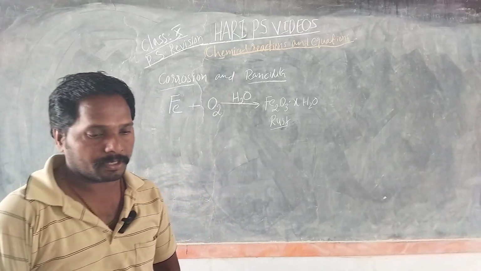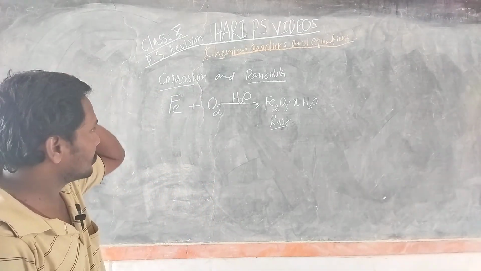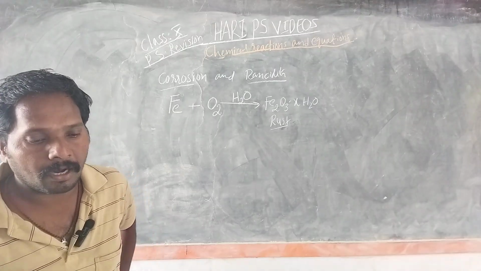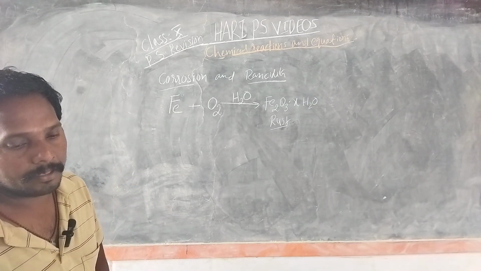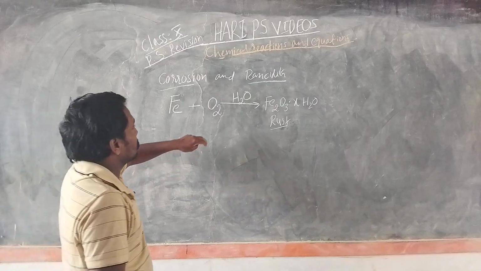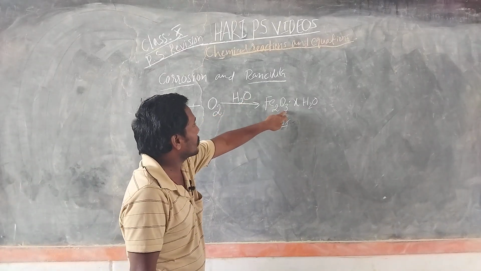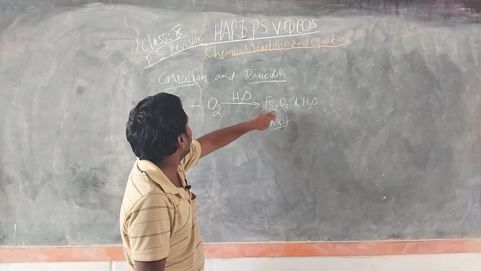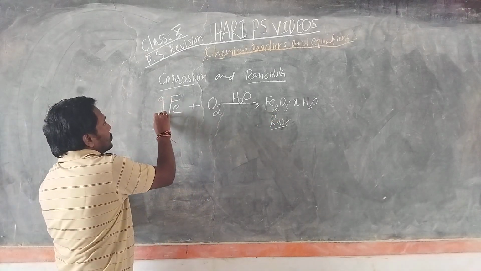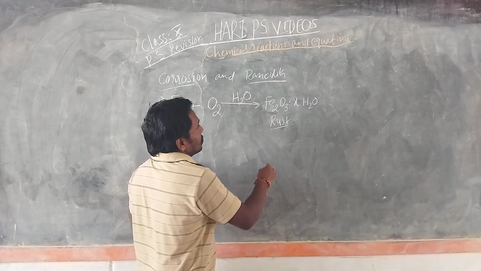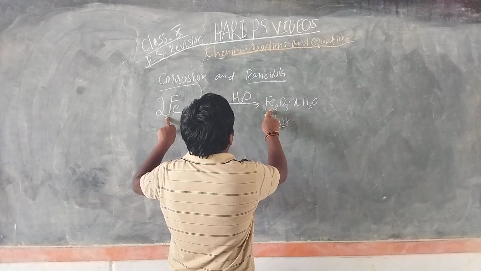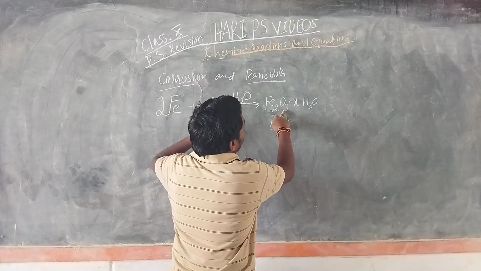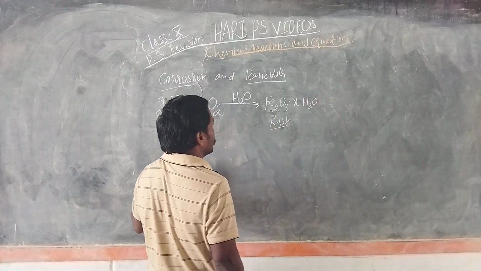Then let us discuss whether it is a balanced chemical equation or not. Here we should write two hydrogens. So 2 plus 1, 3 oxygens, and 3 plus 1, 4 oxygens are there.